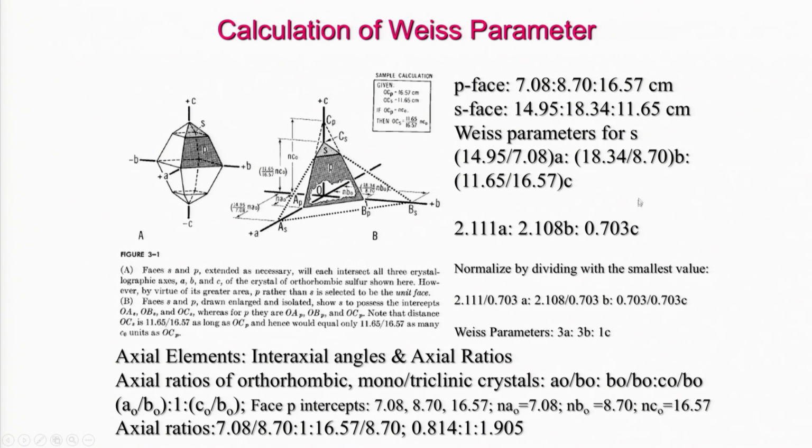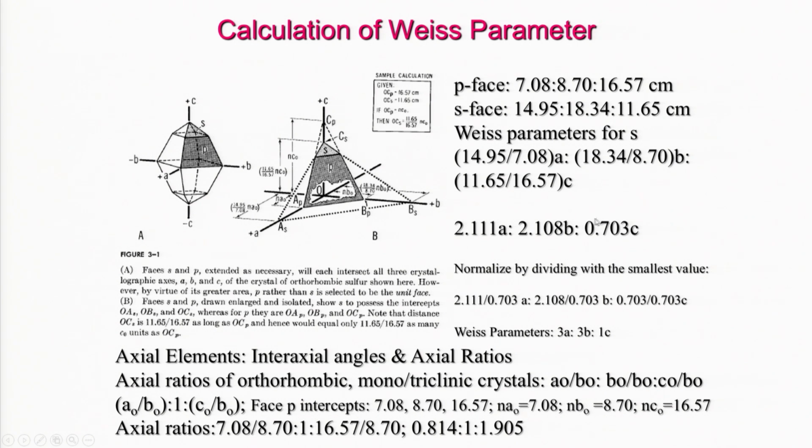After the division you get fractional values: 2.111 along A, 2.108 along B and 0.703 along C. Amongst these, the smallest value is 0.703.